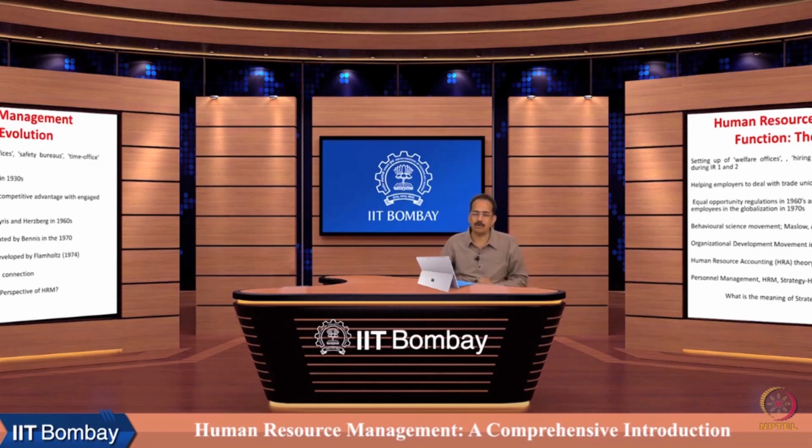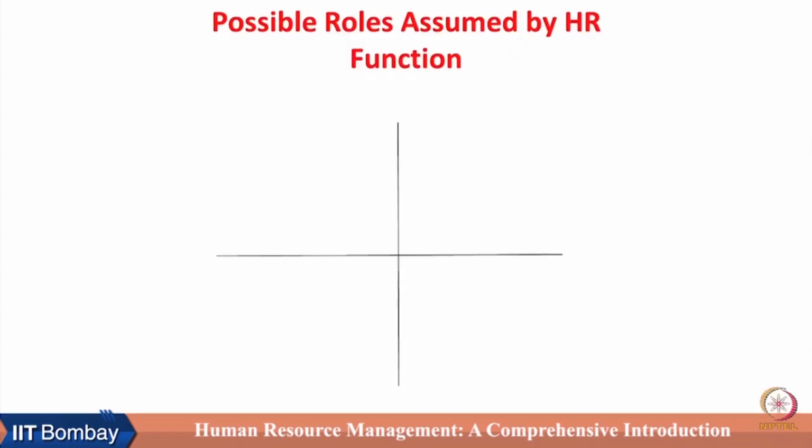We need to understand the meaning of the strategic perspective of HRM, because of late the strategic perspective of HRM has gained significant currency, and in fact the importance and contribution of HRM is now expressed in the form of strategic benefit or strategic advantage. So, we will look at the strategic advantage and the strategic benefits of the HR function and how the strategy and HR are closely connected.